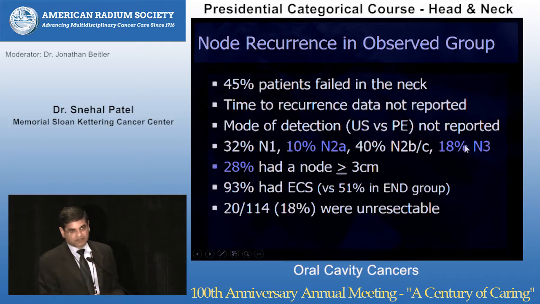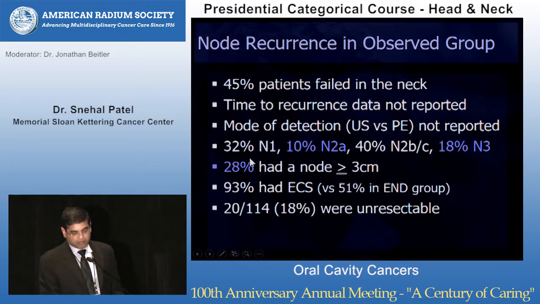That's a node that's 6 centimeters or more. Now, that's a problem with your surveillance policy if you're seeing patients at frequent intervals, every 4 weeks for the first year, every 6 weeks for the second year, and so forth. And that number tells me there's something not quite congruent with how we practice medicine here in the US.